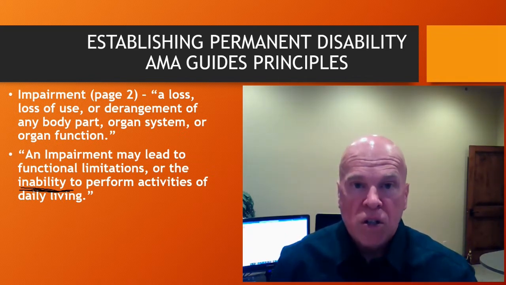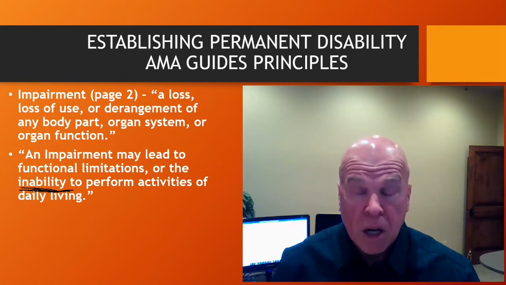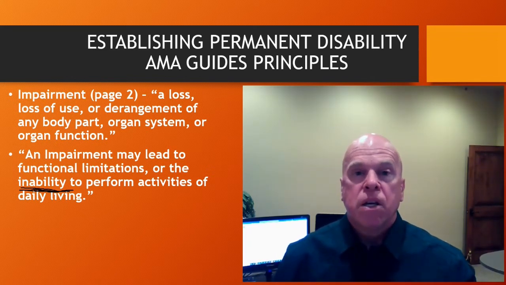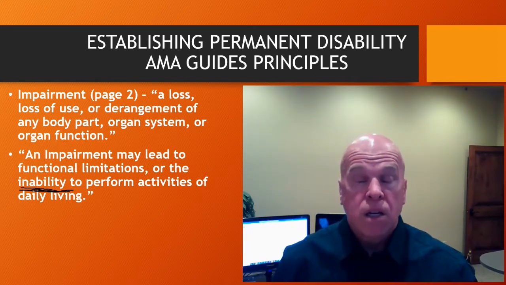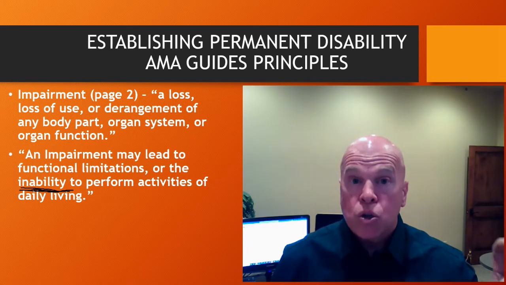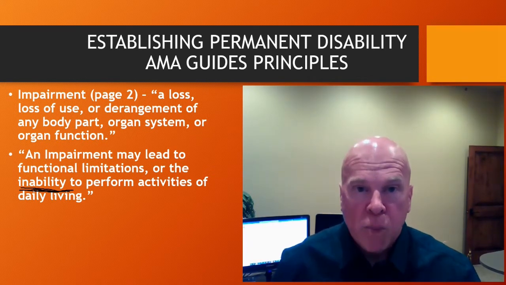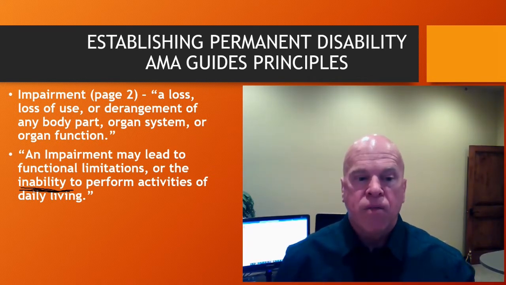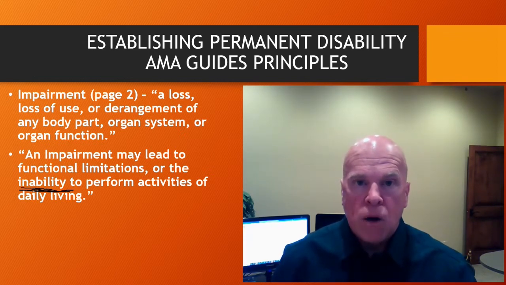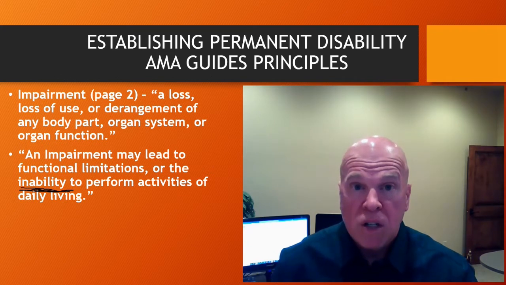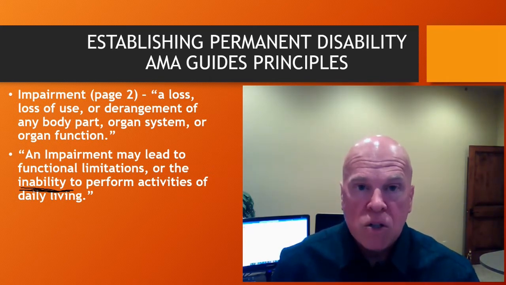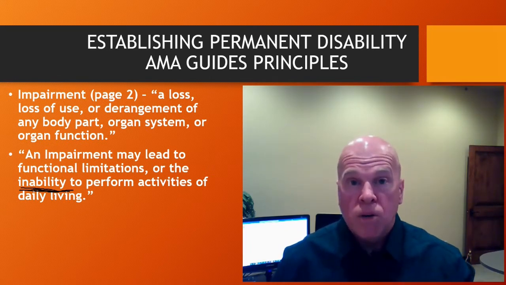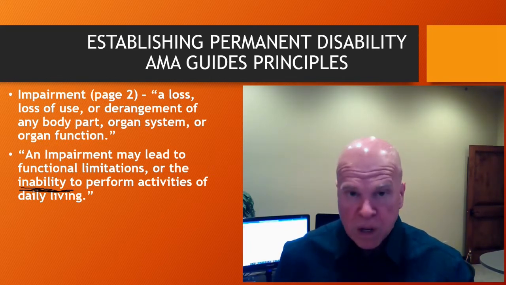So the activities of daily living capacity of your examinee is going to be critical in your assessment as to the accuracy or inaccuracy of the scheduled rating under the conservative approach of the AMA guides. And I have many ideas for you on how to use activities of daily living and limitations to activities of daily living in providing more accurate impairment ratings than are provided under the strict and conservative approach promulgated by the AMA guides.